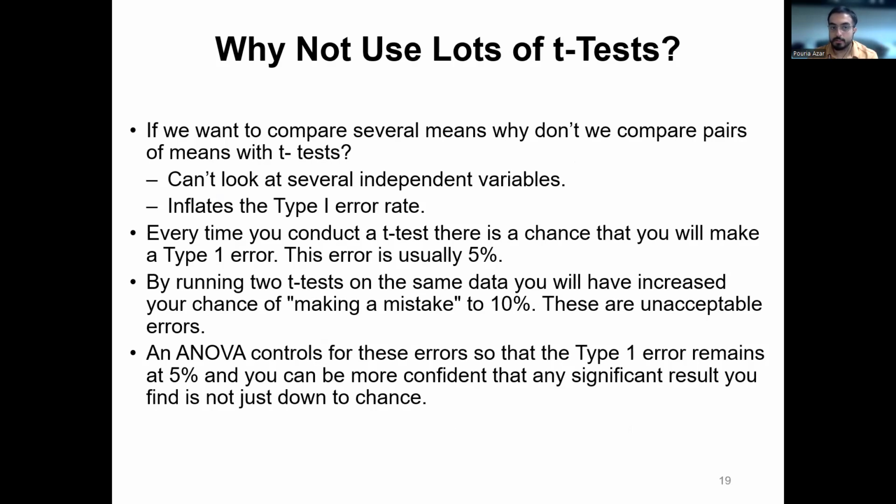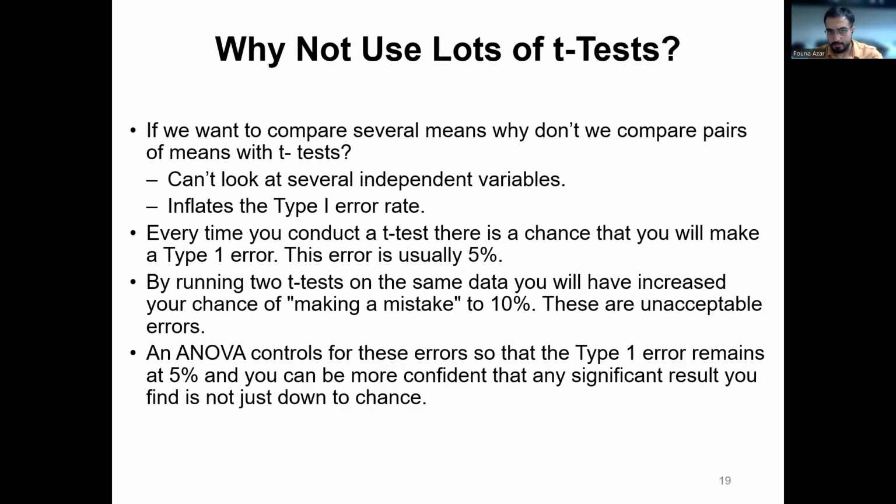Why not use lots of t-tests? So if we want to compare several means, we can use t-tests. But here is a problem. First of all, with t-test, we cannot look at several independent variables. But with ANOVA, we can have more than one independent variable.